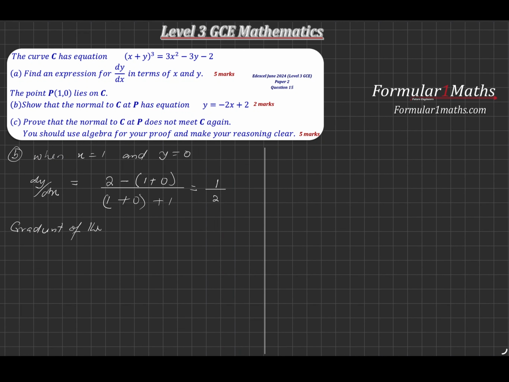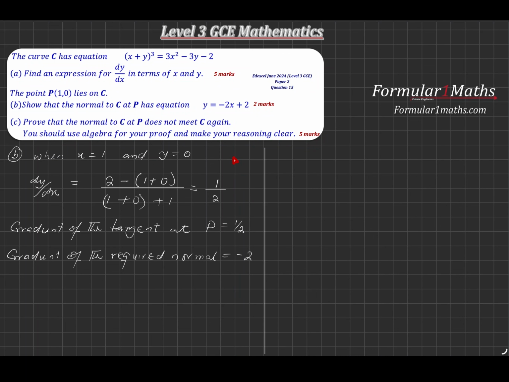So we can conclude that the gradient of the tangent at P is equal to a half. This means that the gradient of the required normal is equal to −2, which is the negative reciprocal of the gradient of the tangent. The gradient of the normal can also be written as the change in y over the change in x.